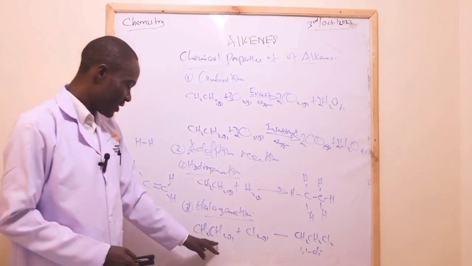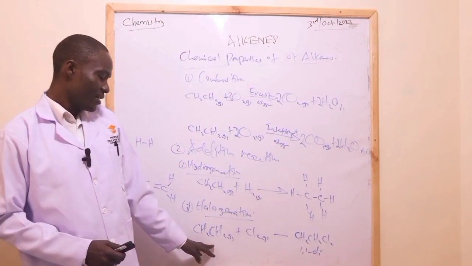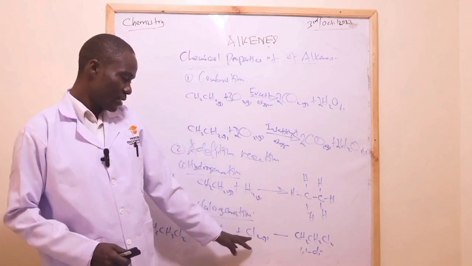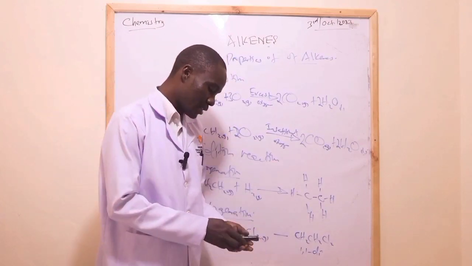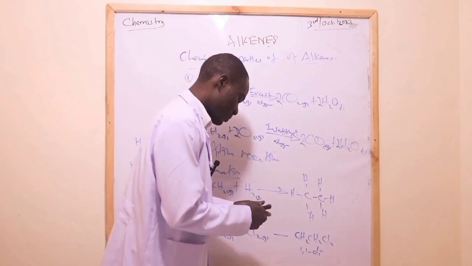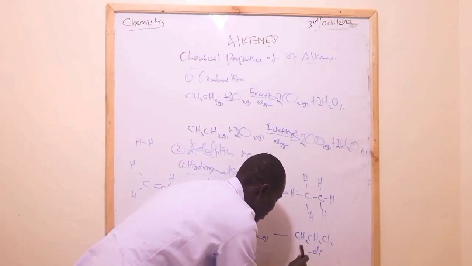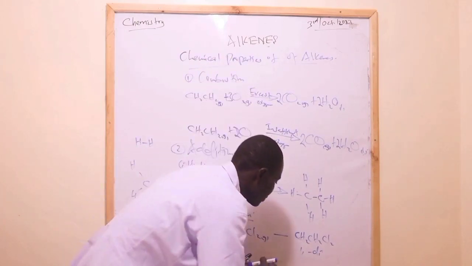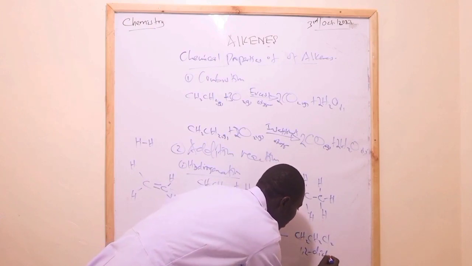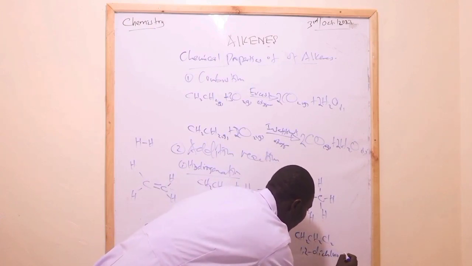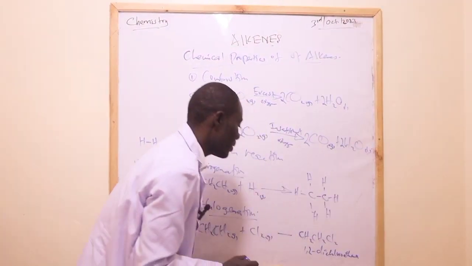Yeah, so you find that when ethene reacts with chlorine, it forms 1,2-dichloroethane. Why?